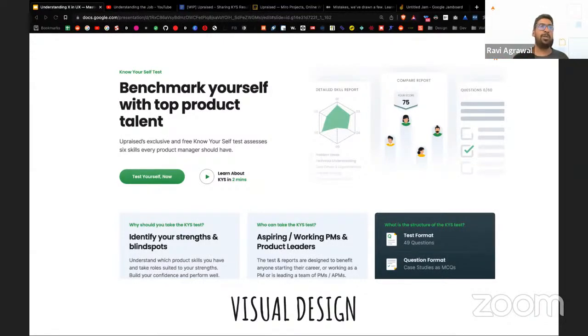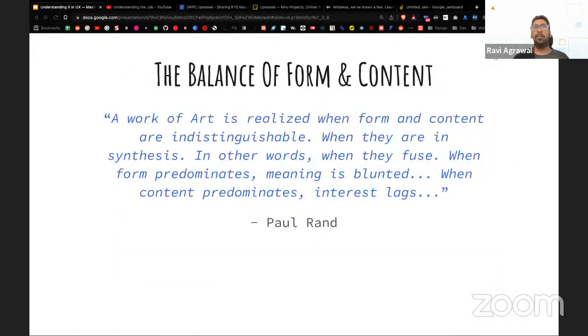That is not the scope of this session, so I'll skip it. But on visual design, I wanted to share a few words of wisdom.